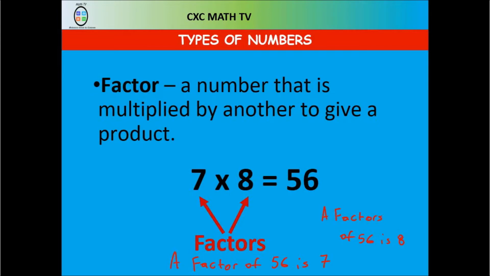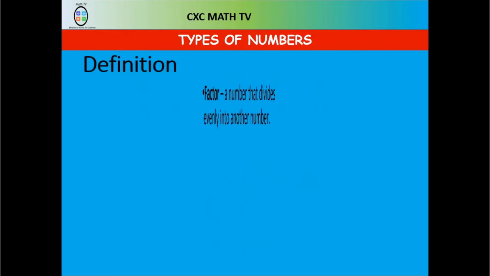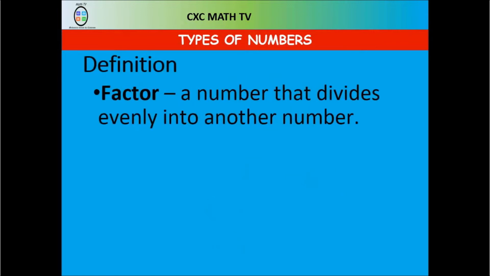Now maybe you don't like that technical definition of what a factor is. That's also fine. We can define a factor as a number that divides evenly into another number. So that same number 56, look at it. When you divide 56 by 8, can 8 be divided evenly into 56? Yes.